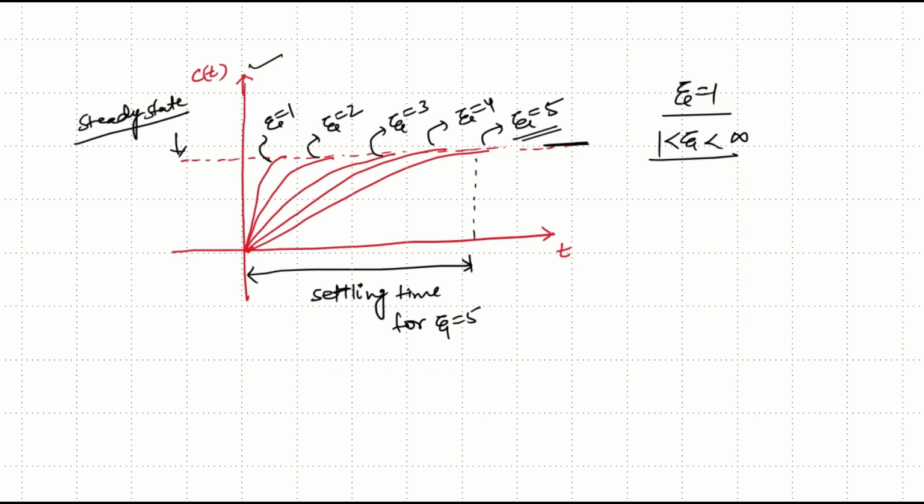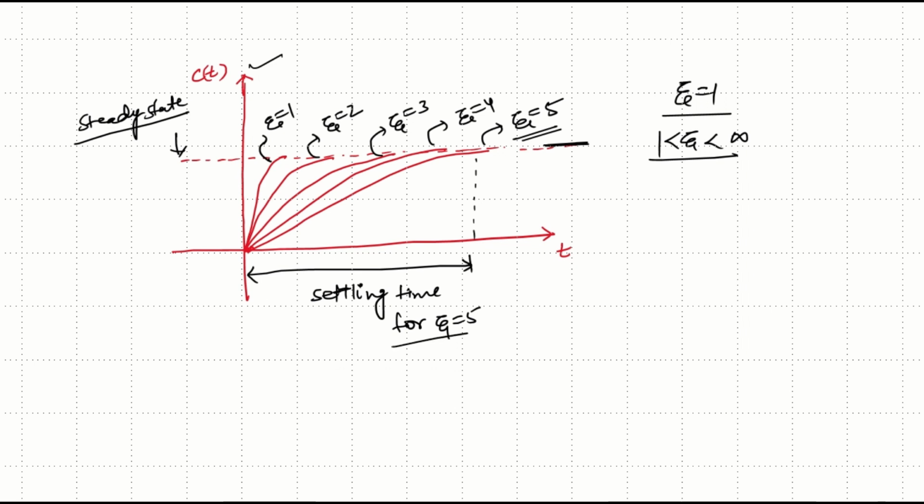This is the steady state value. Now the system approaches the steady state value slowly, or we can say the system becomes sluggish. As we reduce the value of zeta, the system becomes fast. The settling time is the time required for the system to reach the steady state value.